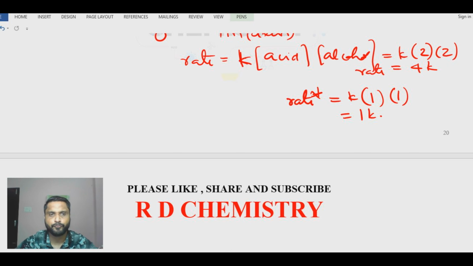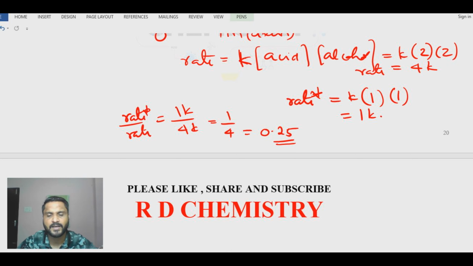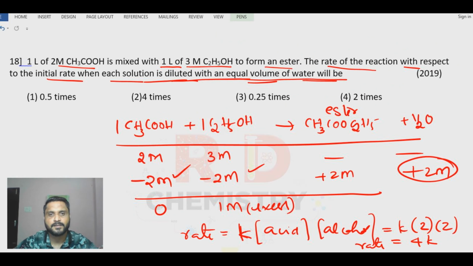Therefore, final rate divided by the initial rate is 1K divided by 4K, which is 1 by 4, equal to 0.25. So the rate of reaction will be 0.25 times the initial rate. Therefore the answer is option number 3, 0.25 times.